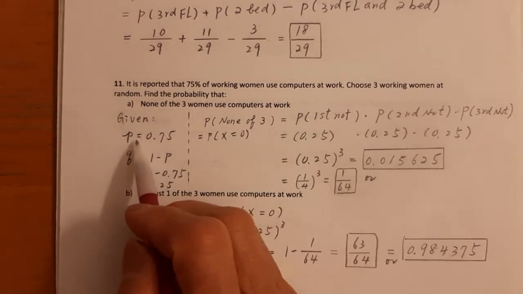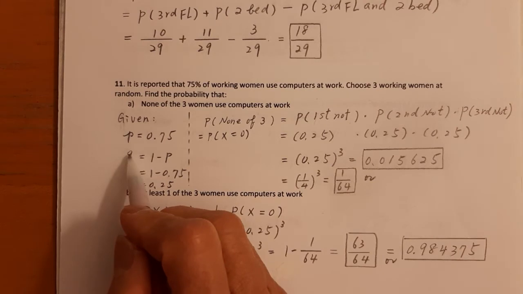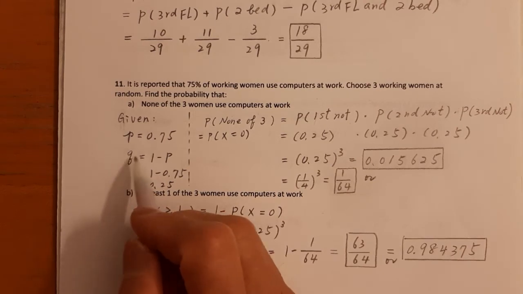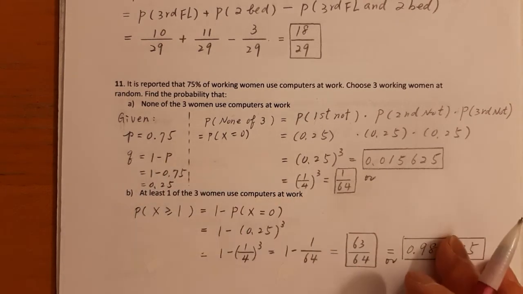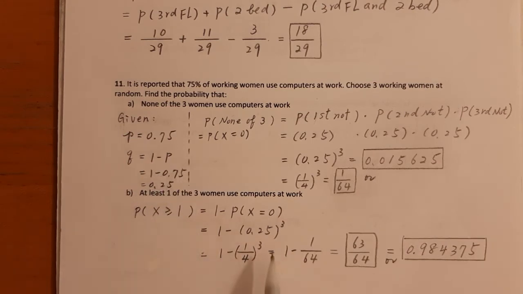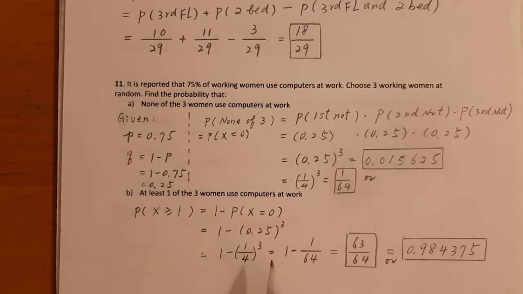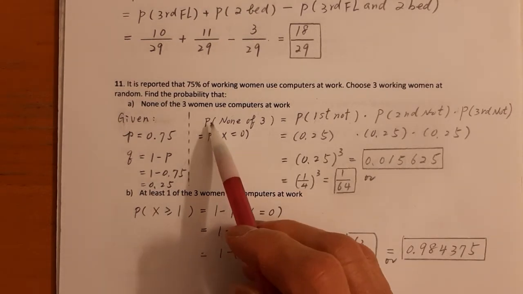So the probability of using a computer is 0.75. And not using a computer is Q. Q equals 1 minus P. And 1 minus 0.75 gets 0.25. So the probability for a woman not using a computer is 0.25. And here we want 3.